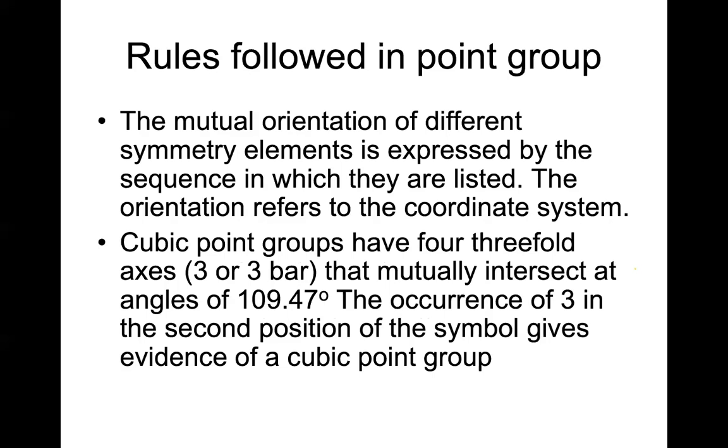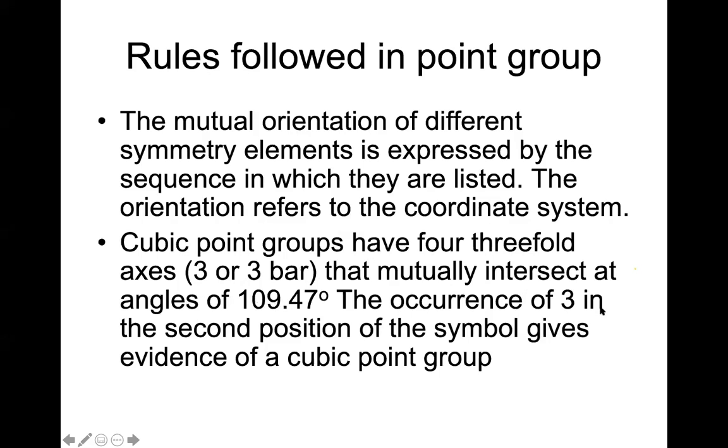Okay, the mutual orientation of different symmetry elements is expressed by the sequence in which they are listed. The orientation refers to the coordinate system. Cubic point groups have four threefold axes that mutually intersect at an angle.